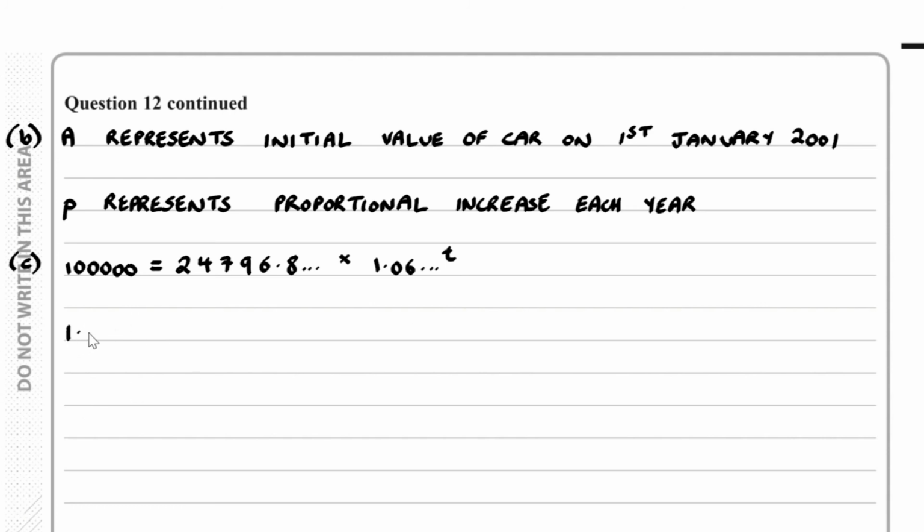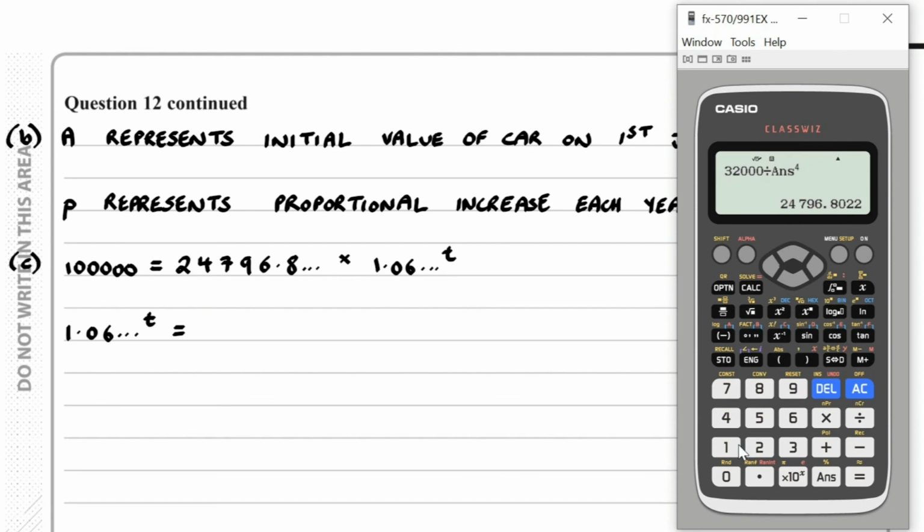So if I rearrange, I've got 1.06, etc. to the power of t. That will equal 100,000 divided by this, which is 4.032, etc.